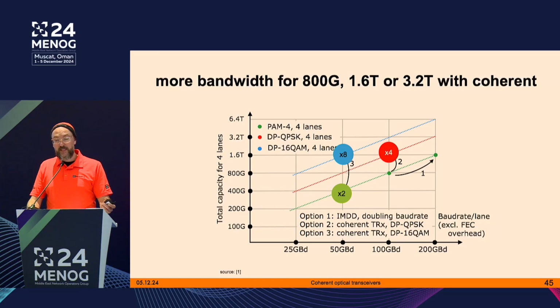So, I said at the beginning, the DSP is a game changer in optical transmission, and I think this graph gives a nice overview why, combined with what I have said in the last 20 minutes. Looking at the green dot, for example, this is a typical 4-level pulse amplitude modulated signal, which is around 100 gigabit. Now, if you do this on 4 lanes, you get 400 gigabit.